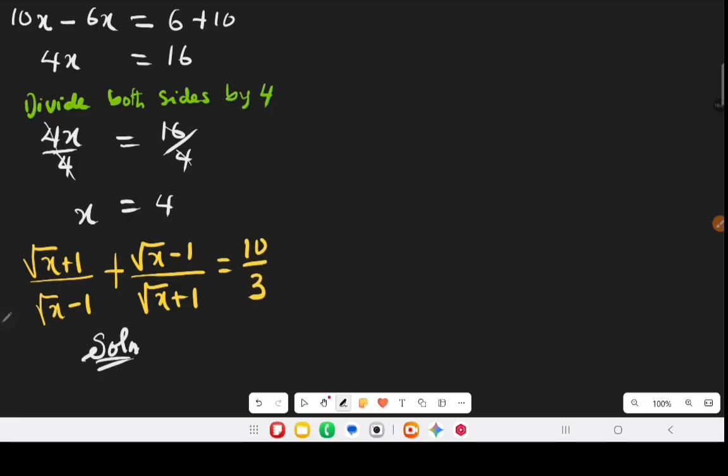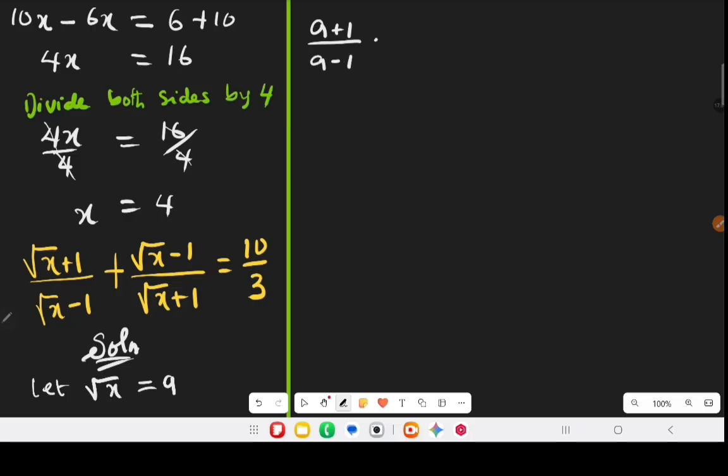All we need to do here, we say let root of x equal to a to make everything look simpler. Then when root of x equal to a, the original equation will be a plus 1 all over a minus 1 plus a minus 1 all over a plus 1 equal to 10 all over 3.